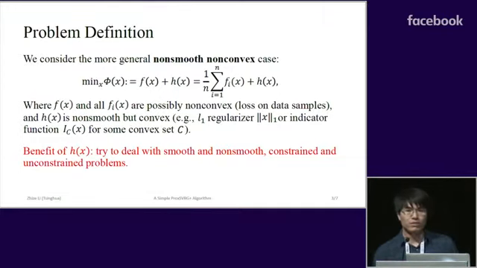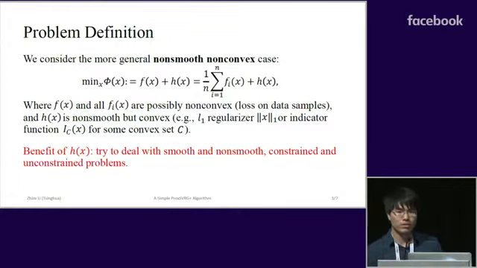The objective function phi(x) contains 2 parts, where the first part, f(x), is possibly non-convex, and the second part, h(x), is possibly non-smooth. The benefit of the second term is trying to deal with the non-smooth and constrained problems.